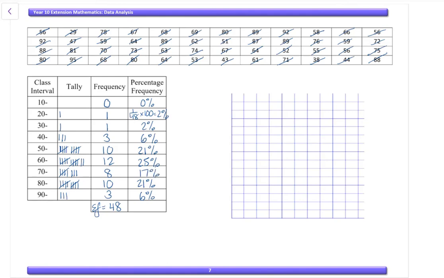And if you add them up, now we have rounded, but we should still get 100%, which we do.